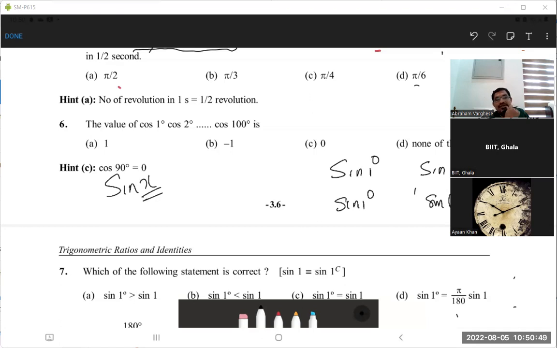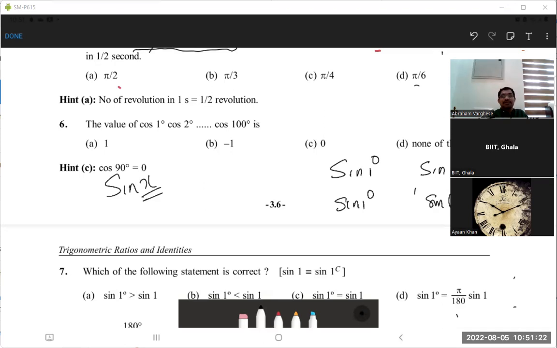What is the reason? Siddiq, can you tell me? Sir, because in the graph of the sine, it started from 0 and sine 60 would be somewhere between 0 and 1.